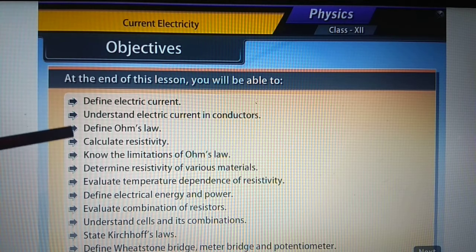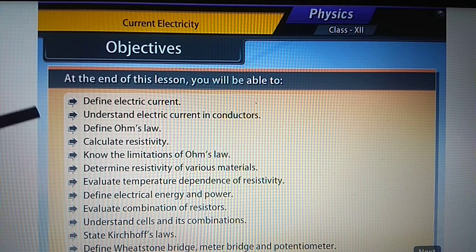So these are all the topics which we are going to discuss one by one.